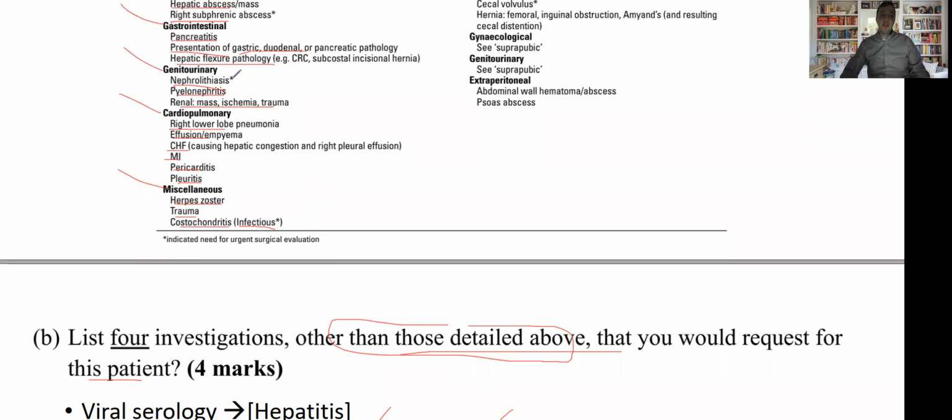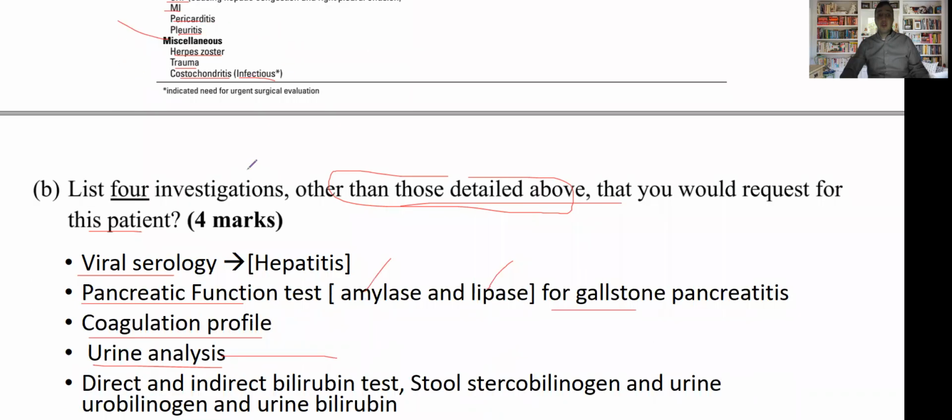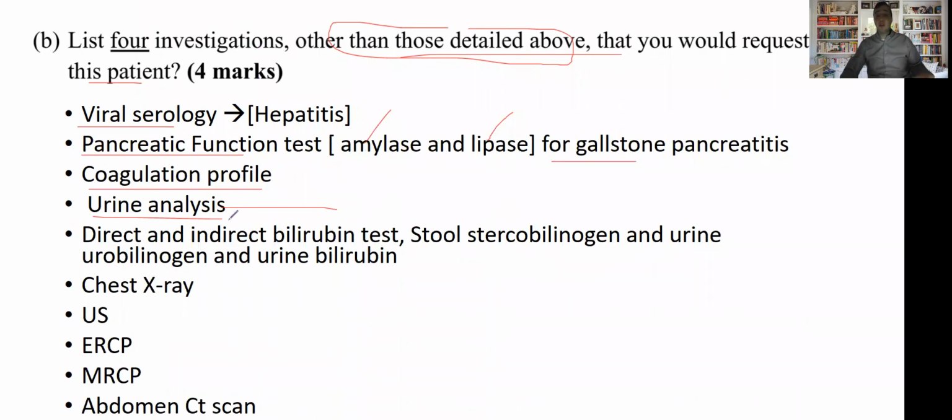So here we have nephrolithiasis and pyelonephritis. We will detect abnormal findings in the urine analysis if we have urolithiasis or pyelonephritis. And the other things we can request are urinary urobilinogen and urinary bilirubin. They can help differentiate between the different types of jaundice.